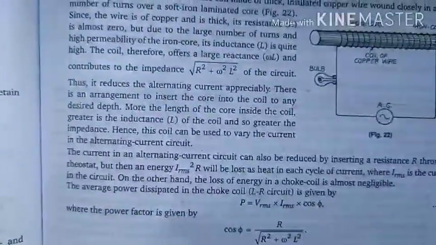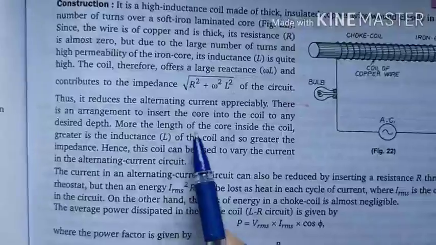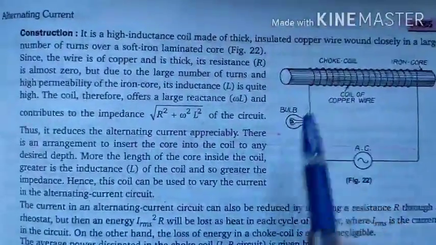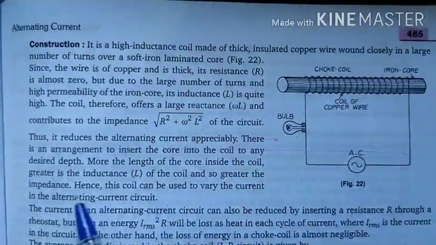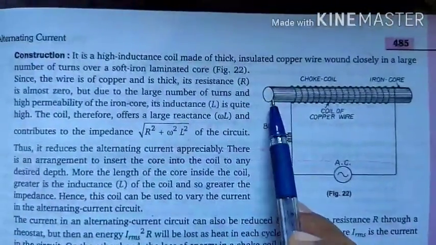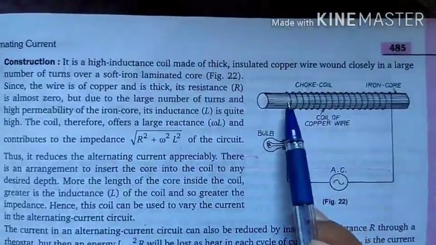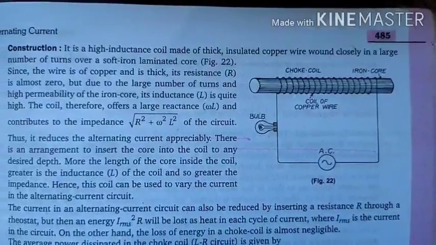One thing you have to understand is that the greater the length of the core inside the coil, the greater is the inductance of the coil, and so the greater the impedance. The more you put this iron core inside the coil, the greater will be the inductance and the greater the inductive reactance.